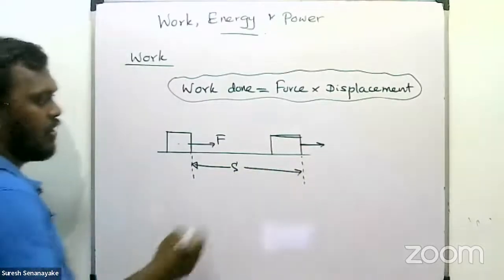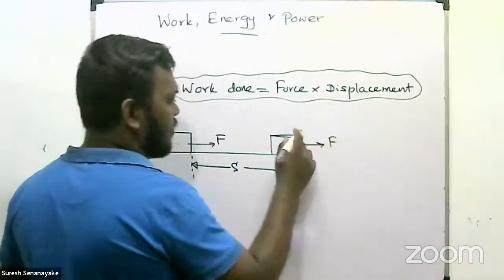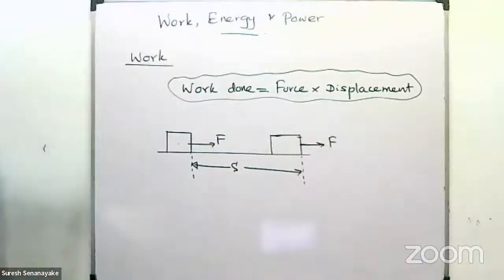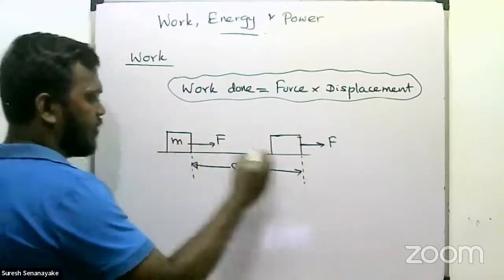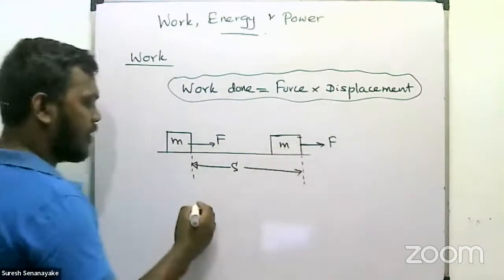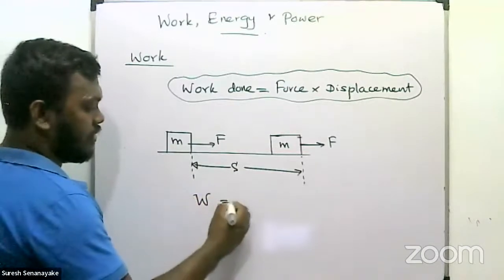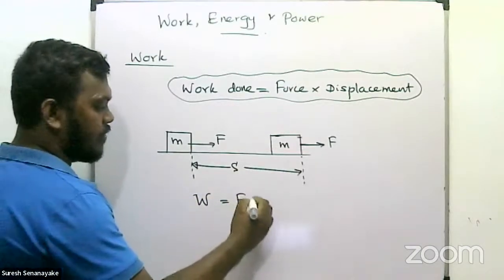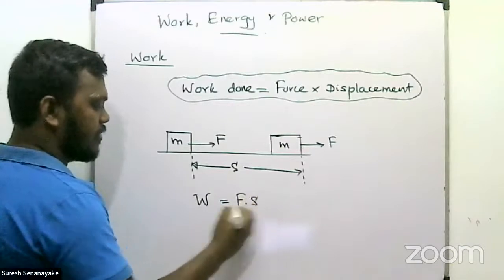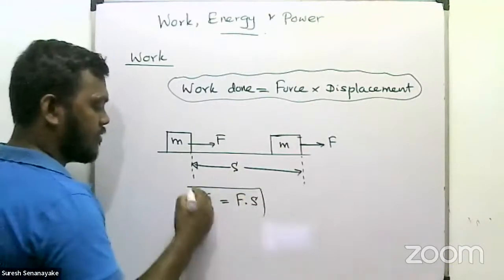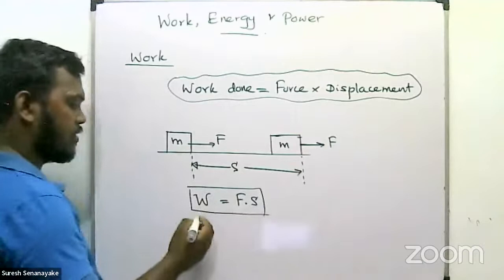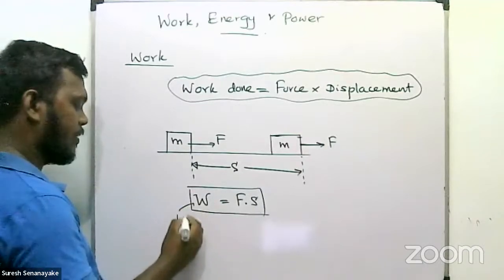The displacement is under the force acting on the mass of the body. The work done equals the force multiplied by the displacement. W means work done.